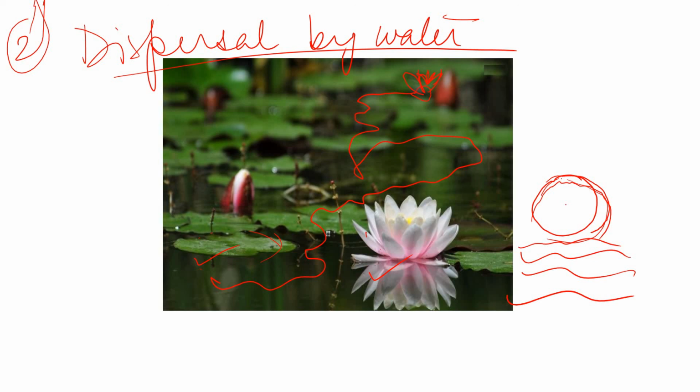Why did they give you such an air bag like round structure to wear and then go into the swimming pool? So that you don't get drowned. That airy structure will help you to keep on floating. Similarly, such airy structures are also found in the coconut seed and also on the lotus leaves and the lotus flower itself and the lotus seeds too. Okay, so in this way the seeds are dispersed by water.